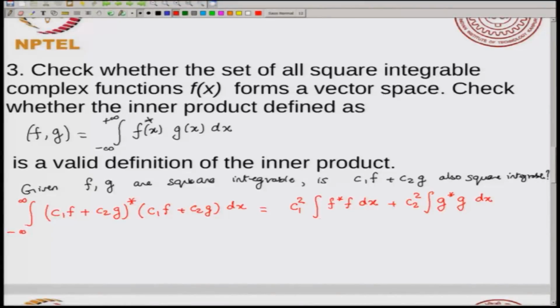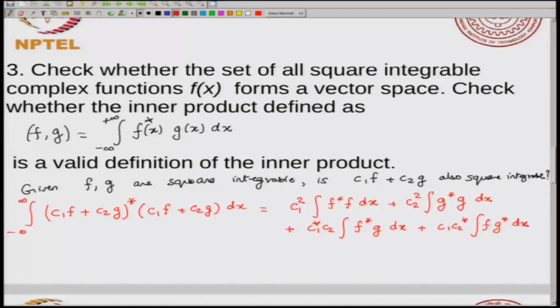I am not bothering putting the limits here, and then you will have cross terms that will look like C1 star C2 integral f star g dx plus C1 C2 star integral f g star dx.